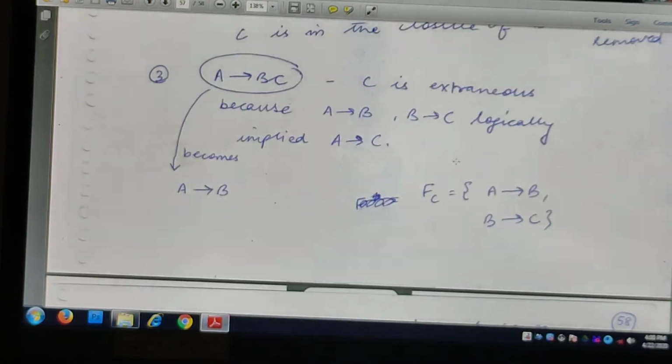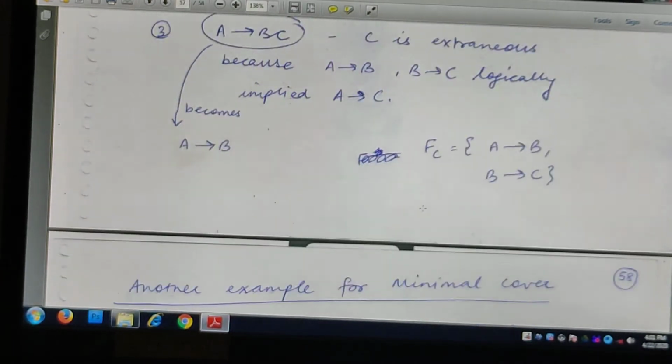If you calculate the closure of A here, it is still having A, B and C. Closure of B is still having B and C. Closure of C is still having C. It means the closure of all the attributes is still the same even if we remove the extra attributes, right? So why do we need to check the four functional dependencies if there's a minimal cover we can obtain? So this is the minimal cover, the canonical cover of my functional dependency set F.